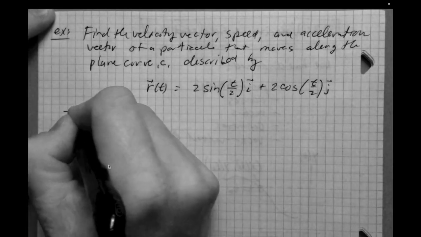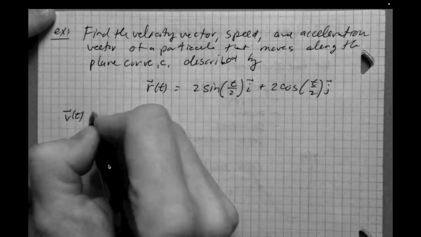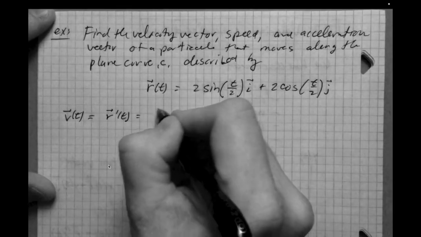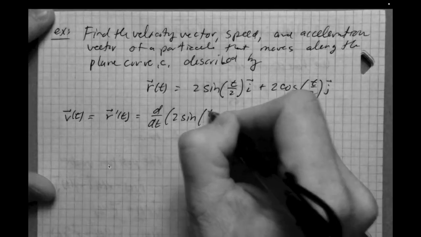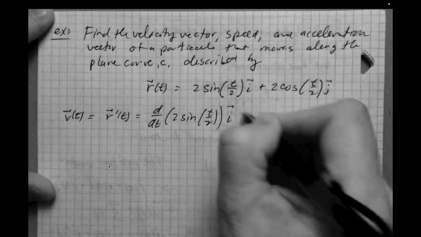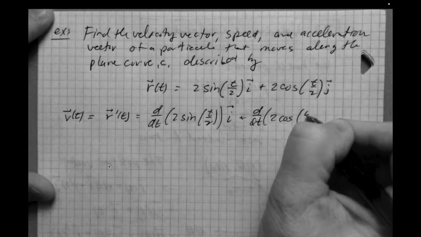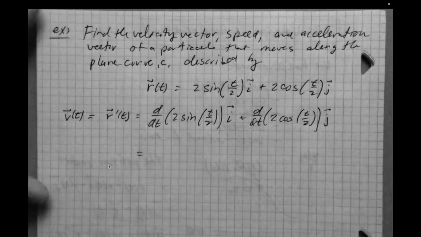Okay, so it's pretty straightforward. The velocity vector can be identified as just the derivative of this, right? So we would need to differentiate both of the components here. Okay, we can do that.